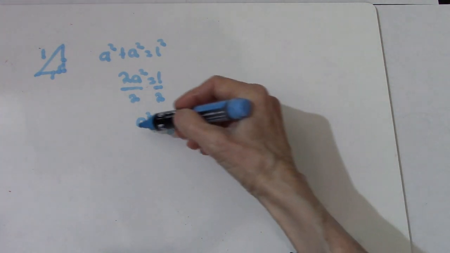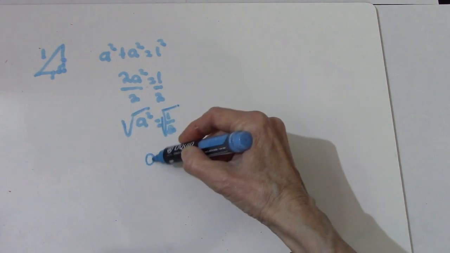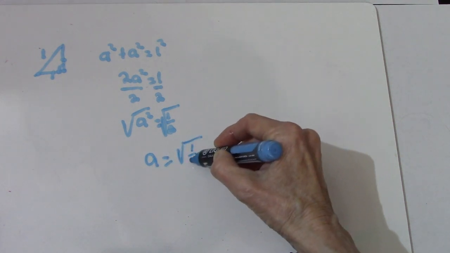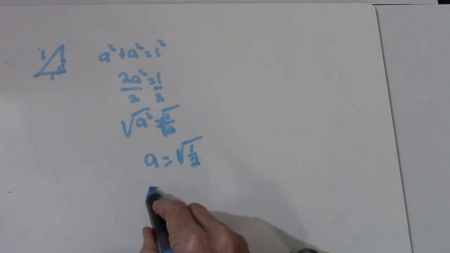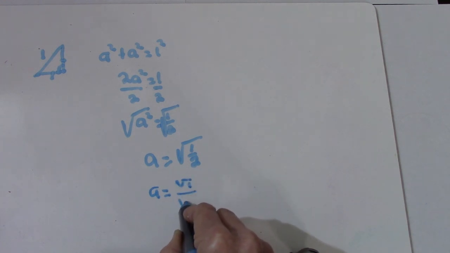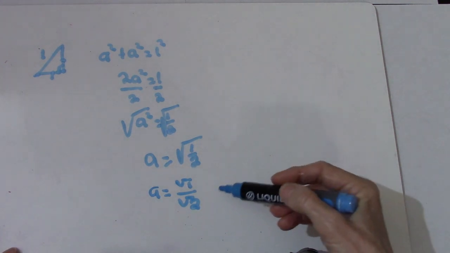When we take the square root of both sides, we get A equals the square root of 1/2, which we can think of as the square root of 1 over the square root of 2. Well, we can take the square root of 1, but we can't leave the square root of 2 in the denominator. There'll be a separate video to show you why we rationalize the denominator.